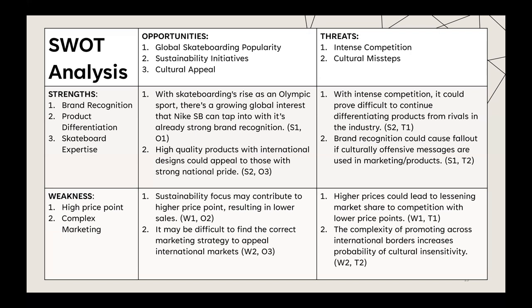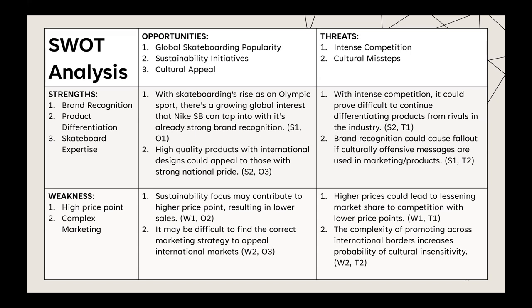So my SWOT analysis, just to go over some of the different points. Some strengths and opportunities: as I stated earlier, with skateboarding being included in the Olympics, there's definitely a growing global interest that we could utilize to our advantage to gain profits because of our already strong brand recognition.